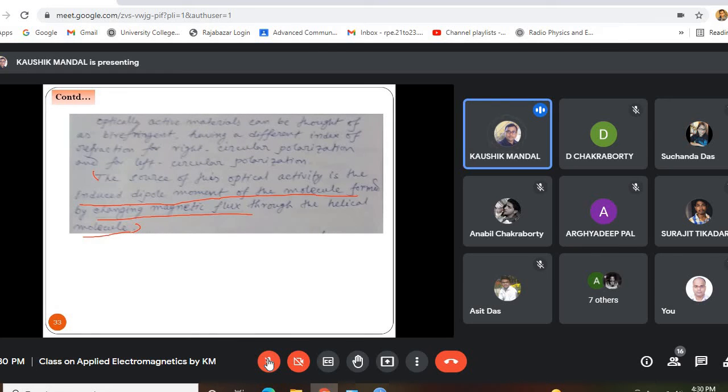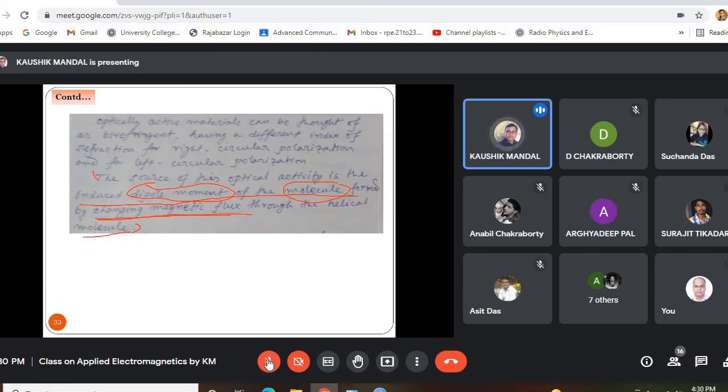We know the main source of polarization is the charge. Now, in case of optical activity, consider the induced dipole moment of the corresponding molecule, induced due to the changing magnetic flux.